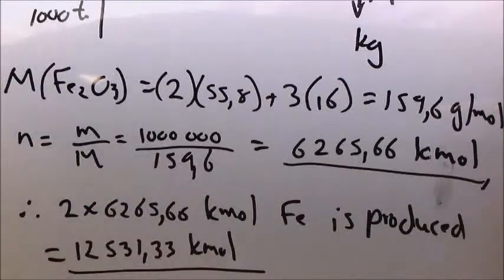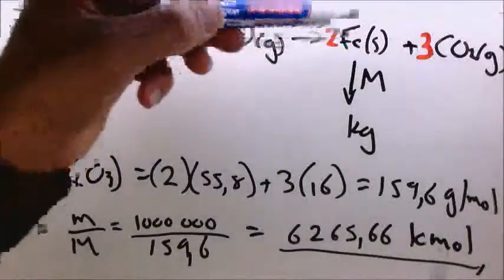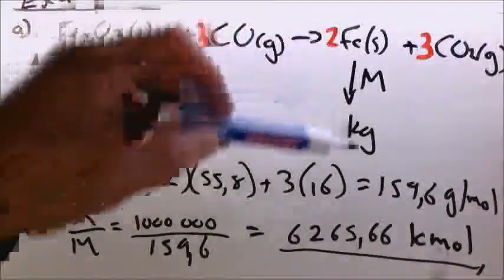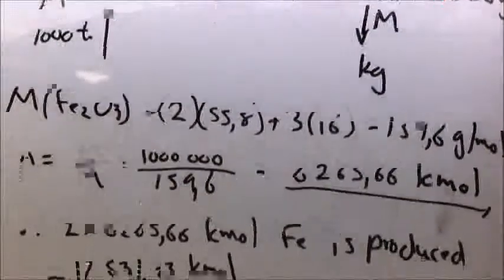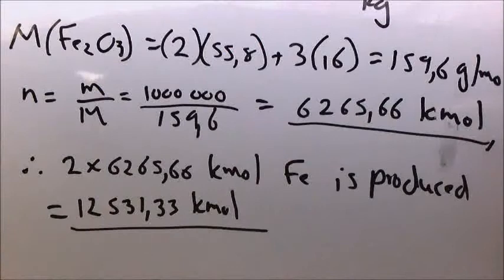Now we have to go, to look at the reaction again, from moles to grams, or kilomoles to kilograms. So we are going to use the molar mass of iron, which is 55.8.